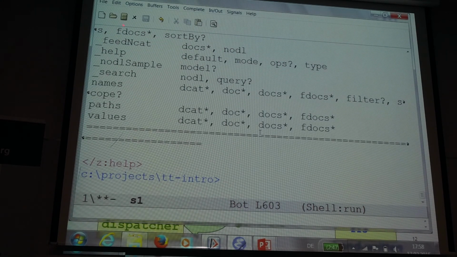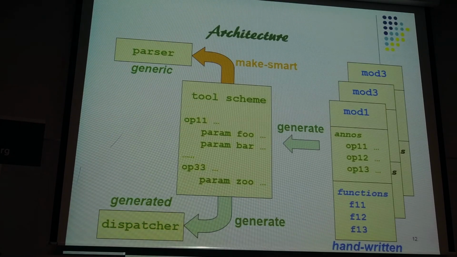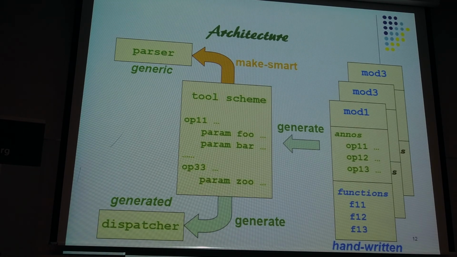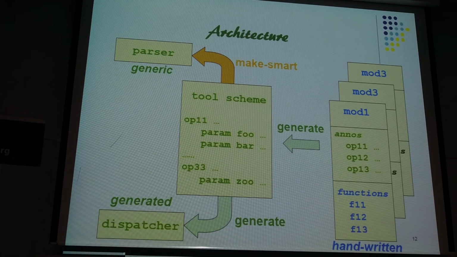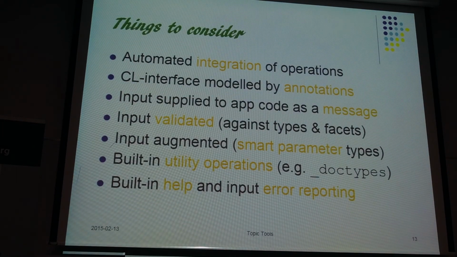After the long list of built-in operations, there are the new ones. And the point is now you can have 50 operations. It doesn't contribute any kind of complexity. You are not concerned with it. The code which actually calls your application call is generated. And it's absolutely straightforward. And I have very large topic tools, very large.